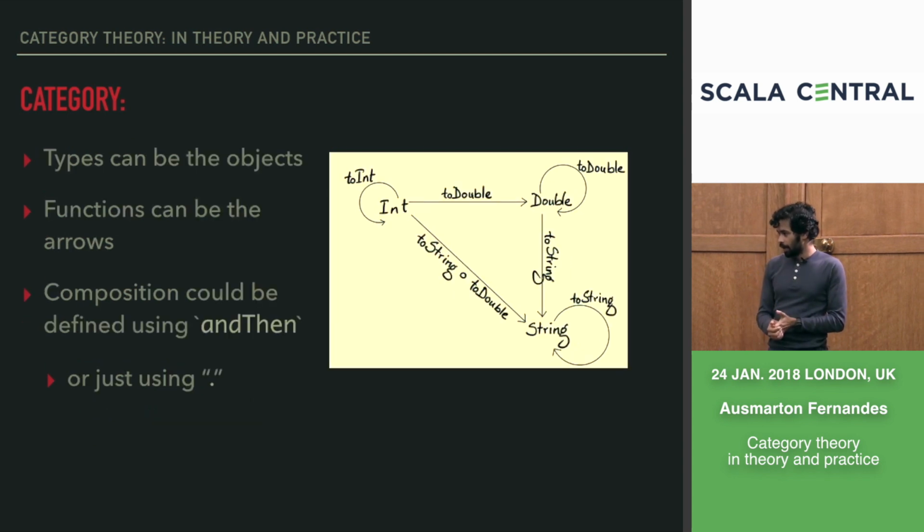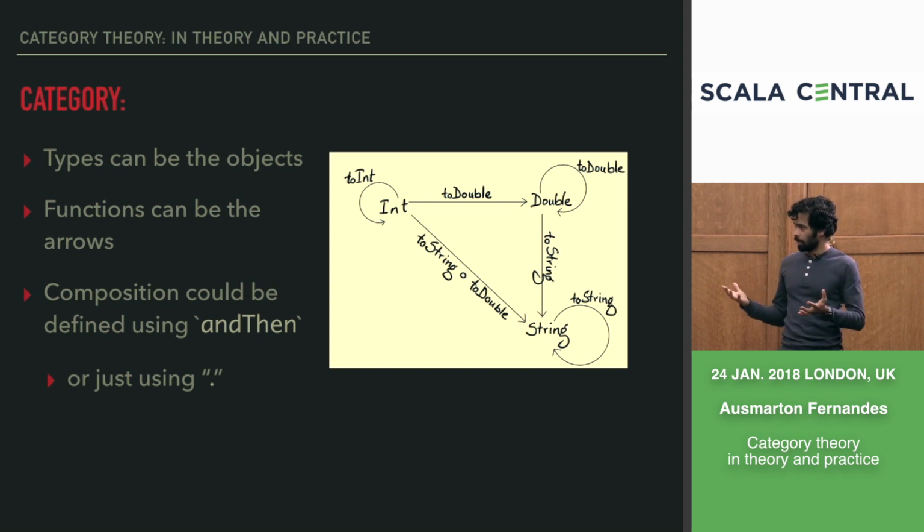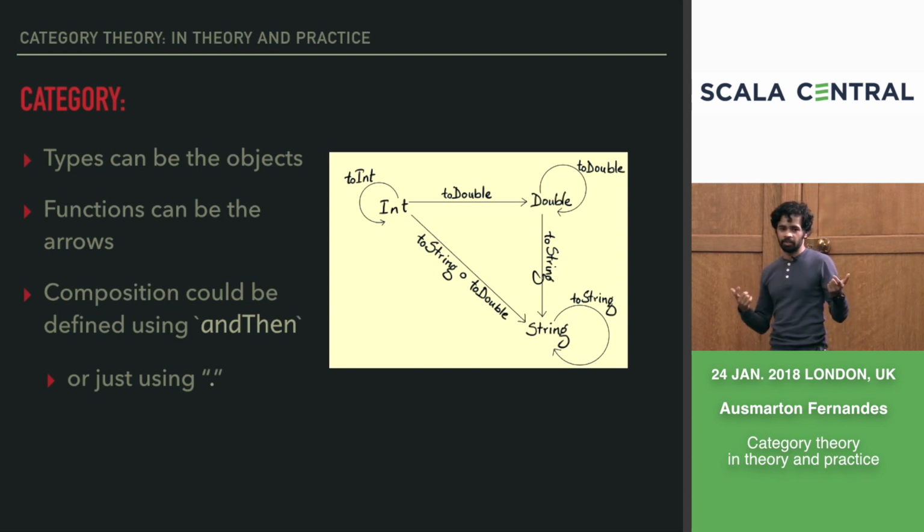Now this is one way of thinking about category theory in what we do. We could think of each of these types that we work with, ints, doubles, strings, as individual objects in this category. And we have these morphisms between them.